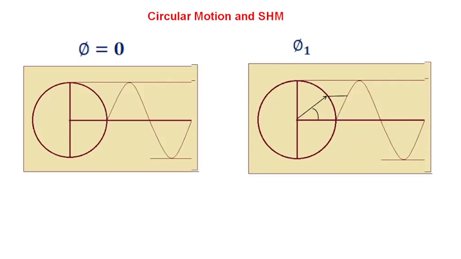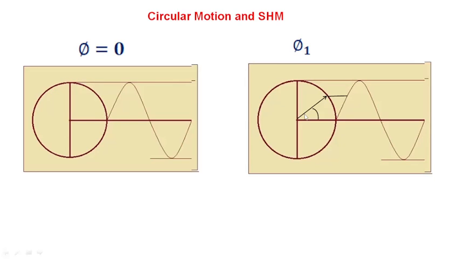Now we will see about circular motion and simple harmonic motion. This is the circular motion and this is the sinusoidal wave as shown in this diagram. At a zero angle and at a certain angle, there is an anticlockwise movement of this circle that we are considering here.